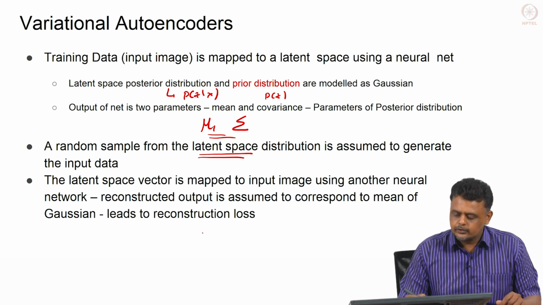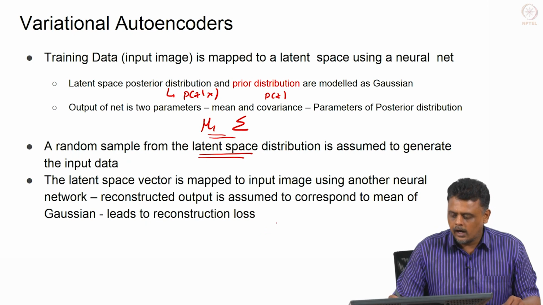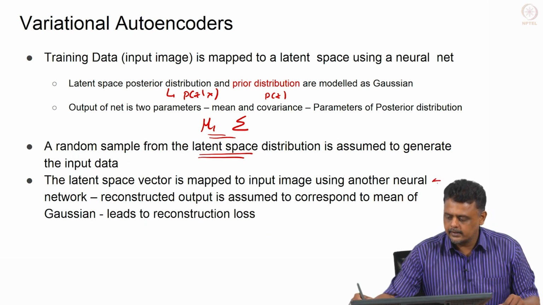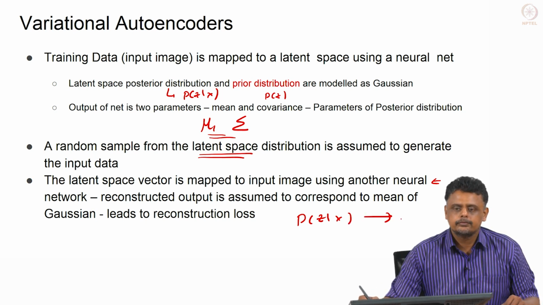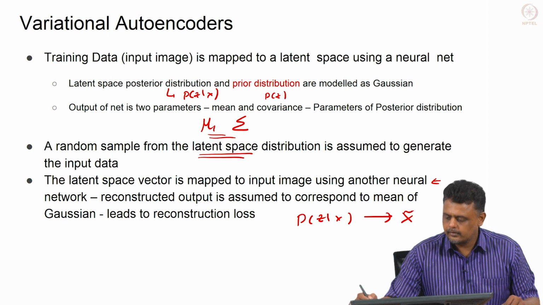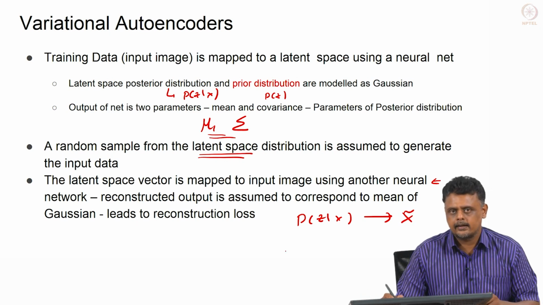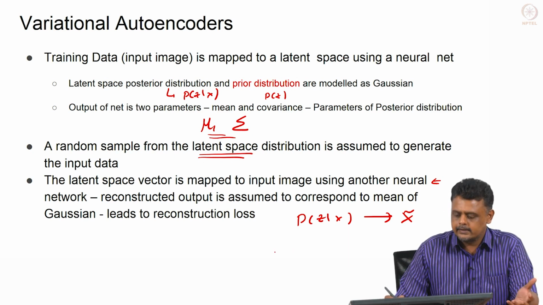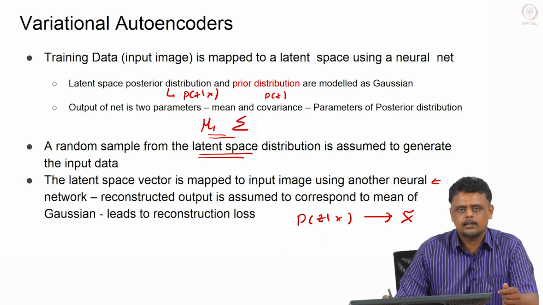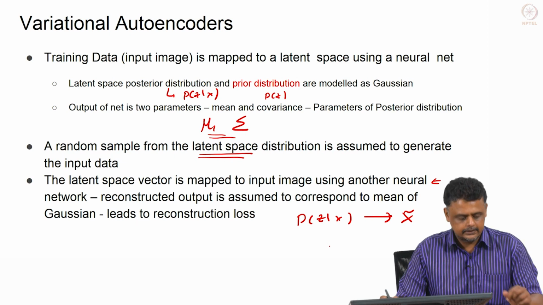Of course, you can also interpret the output of this network as a sample from a Gaussian distribution, and then it leads to a reconstruction loss. We will see how that is done in the next few slides.